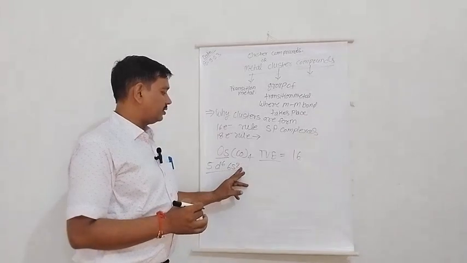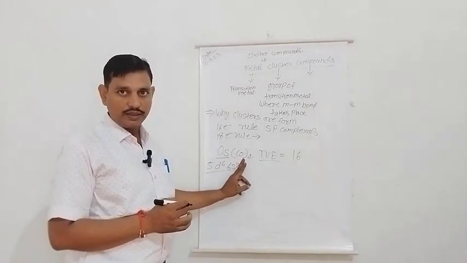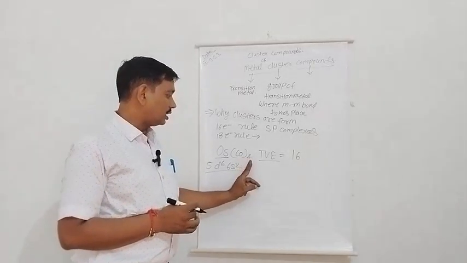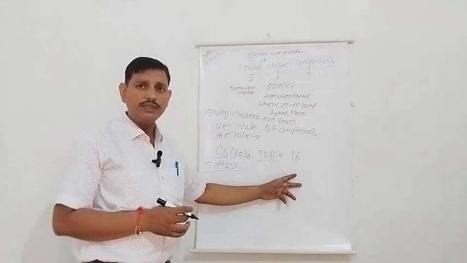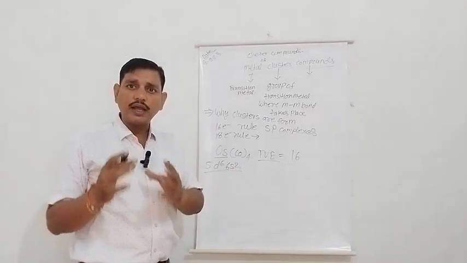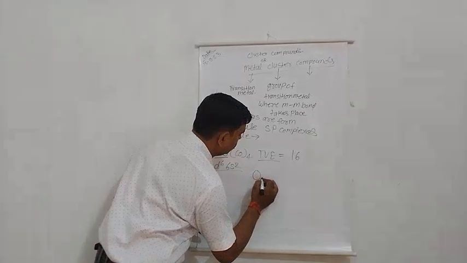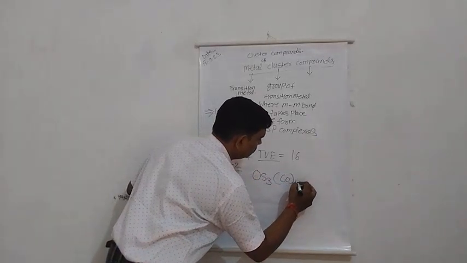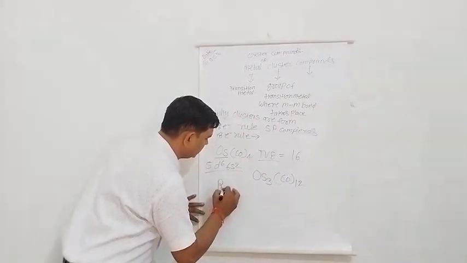It means total 8 valence electrons are here, and 4 carbonyls: one carbonyl contributes 2 electrons, so 4 carbonyls have 8 electrons, then total 16 electrons. It is unstable. For making the stability, what happens, it forms a trigonal cluster, Os3(CO)12.